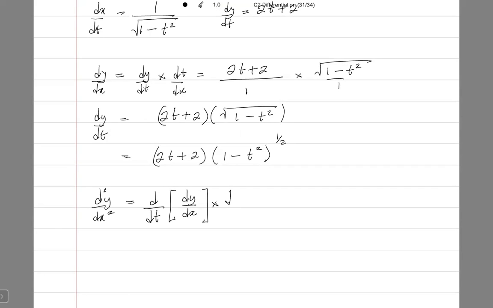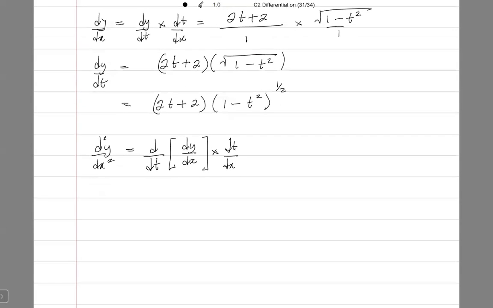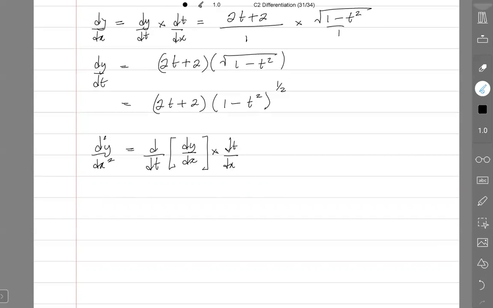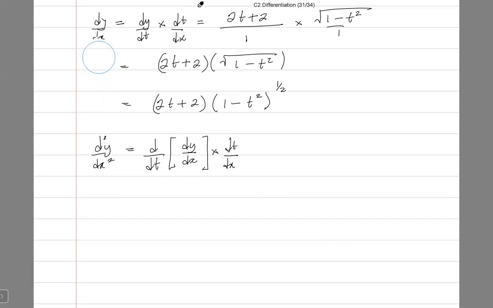So this is dt by dx. So the first thing we need to do is to differentiate dy by dx, sorry, I said dy by dt, it should be dy by dx. So let's differentiate dy by dx with respect to t.